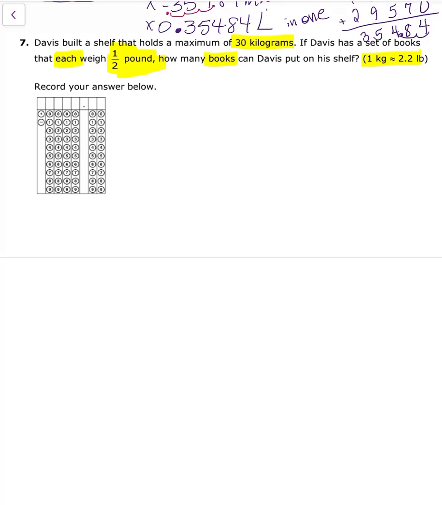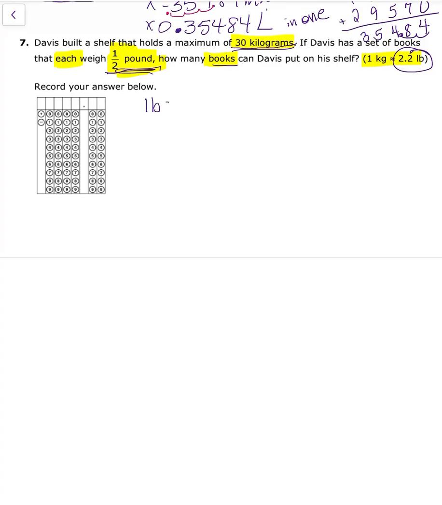So the books are half a pound, and we want to know how many books are going to fit. Well, it says 30 kilograms, so that means I need to change the kilograms to pounds. Well, I could change the pounds to kilograms. I think I'm going to change the kilograms to pounds.